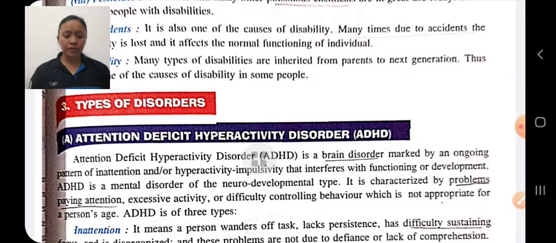It is marked by an ongoing pattern of inattention, hyperactivity, or impulsivity that affects functioning or development. It is of the neurodevelopmental type.